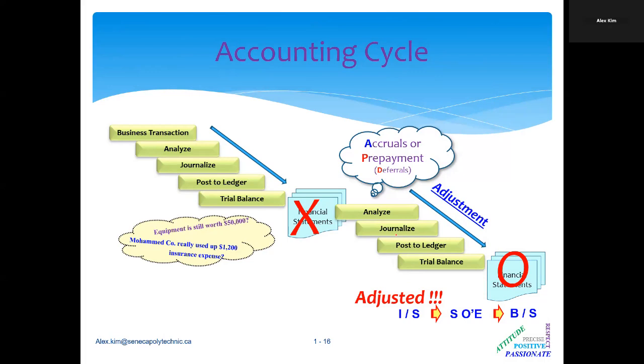Without a journal, nothing is going to happen. So this is the cycle. First version, not ready. So adjusting, then now we can start financial statement preparation with correct enough, reliable enough numbers and information.